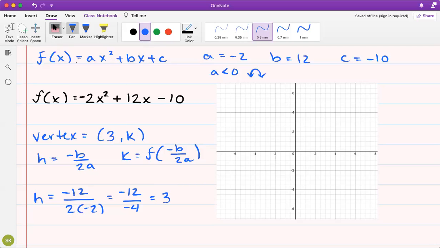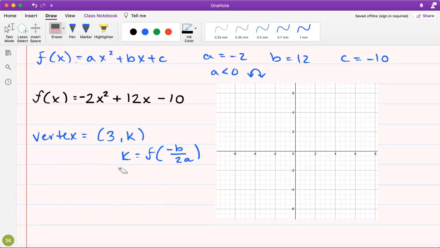Now we want to find k. So we're going to plug in 3 into our function. So it's negative 2 times 3 squared, plus 12 times 3 minus 10.